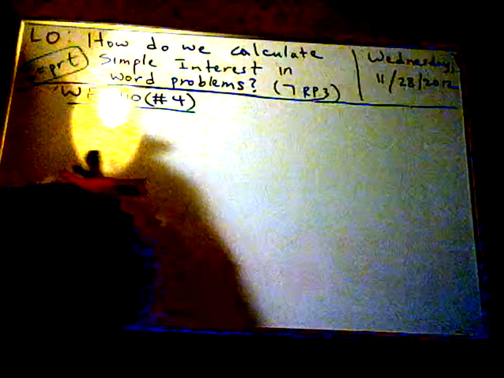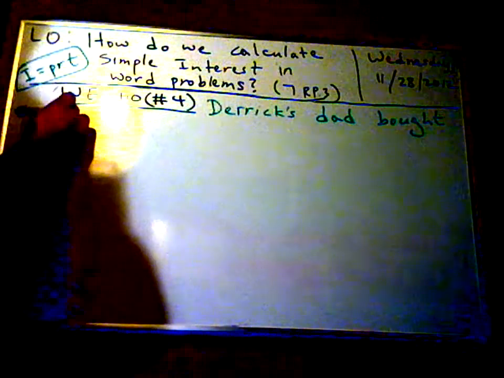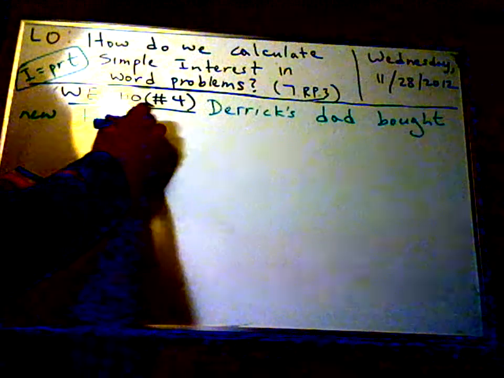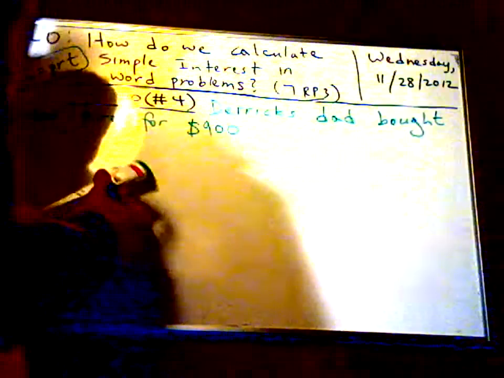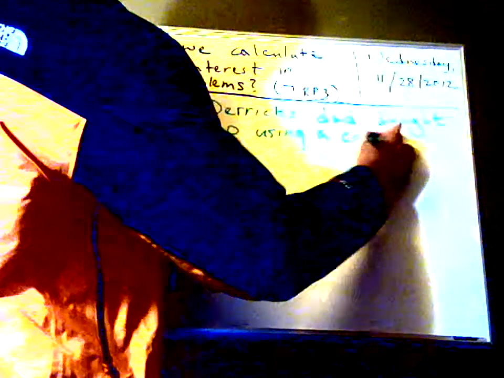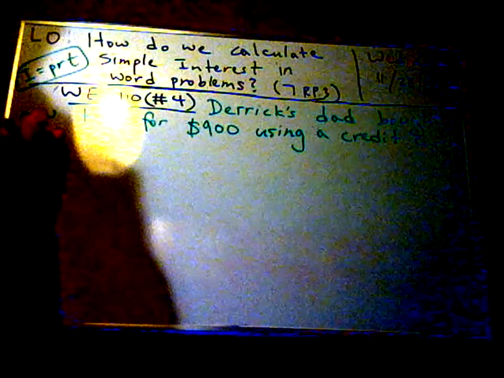So Derek's dad bought new tires for $100 using a credit card, right? Wow, high interest rate.